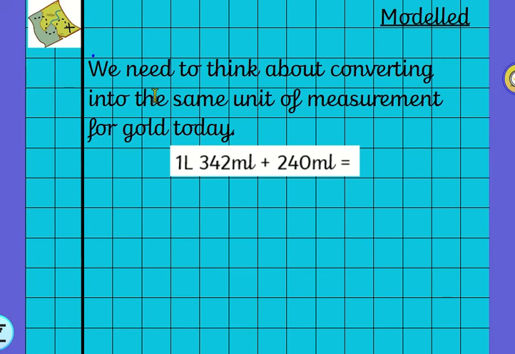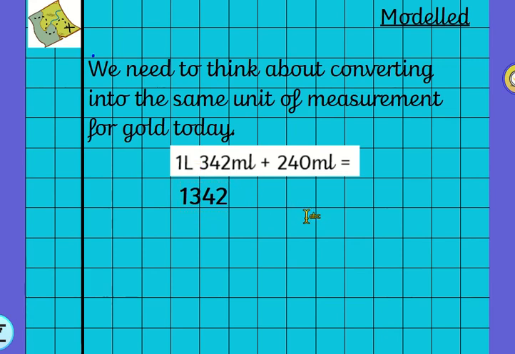And then when we get onto gold, things get a little bit trickier because we need to look at converting again. So 1 litre 342 millilitres is to say add 240 millilitres. So we need to look at converting this down first, and we know that this would be 1,342. But what we then need to do is turn that into a column problem.